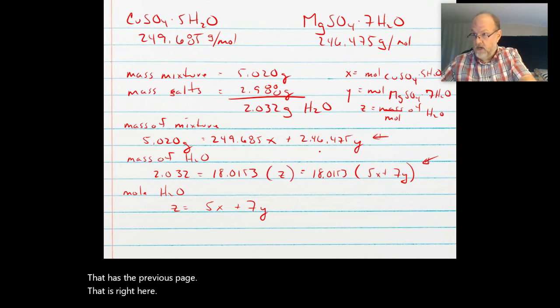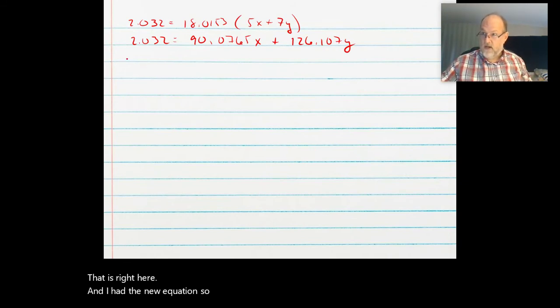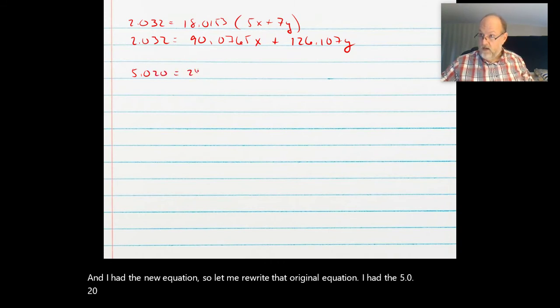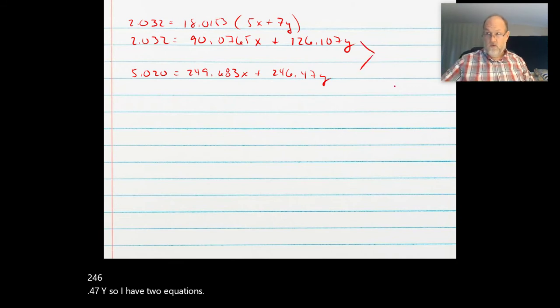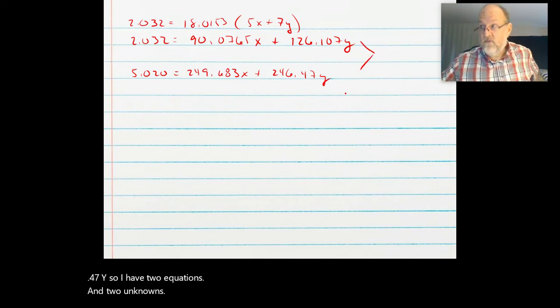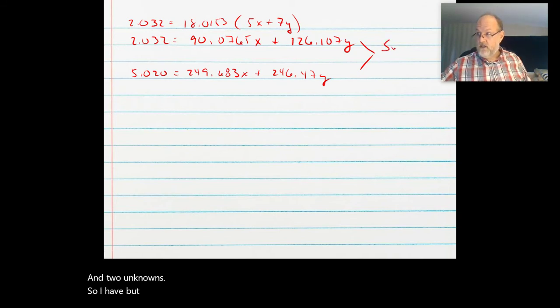And I have the new equation. So let me rewrite that original equation. I have the 5.020 equals 249.685x plus 246.475y. So I have two equations and two unknowns. So I have what I'm going to use as systems of equations.